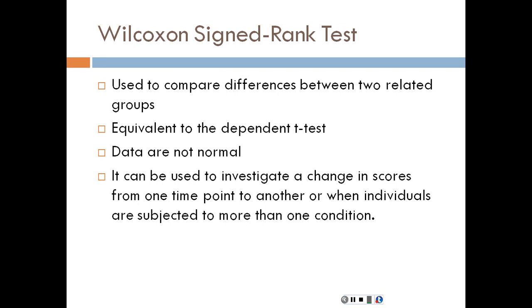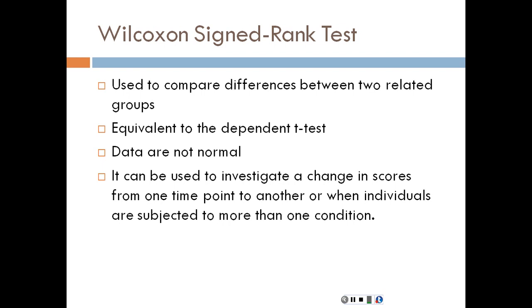And this type of non-parametric test is equivalent to the dependent t-test. And when I say dependent t-test, that is a type of parametric test that we'll be talking about later in the semester. But just to start thinking ahead, all of these non-parametric tests have an equivalent parametric test. They pair up with each other.